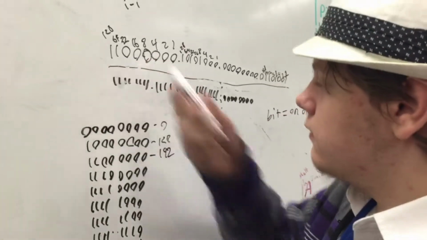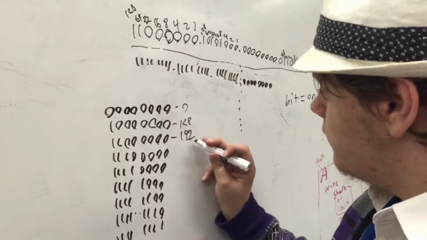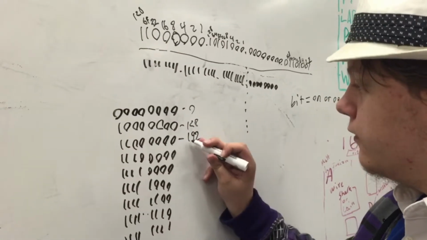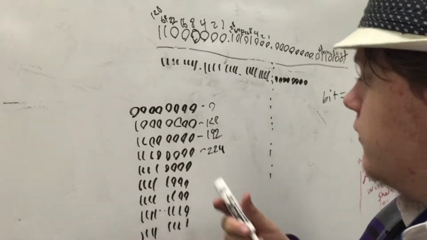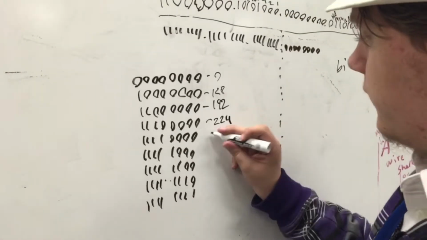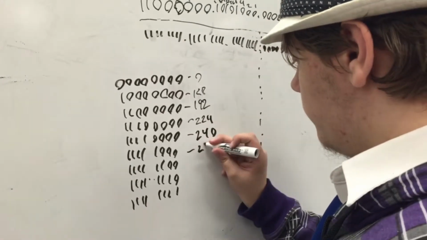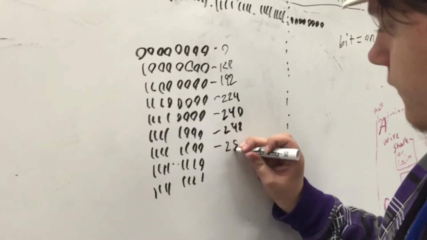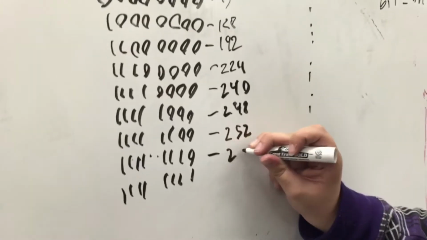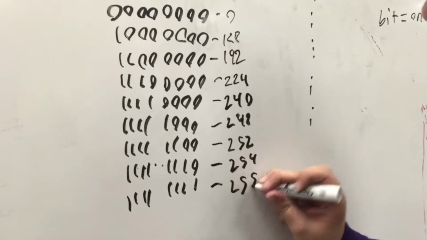Like right here. So here, what's 192 plus 32? 224. What's 224 plus 16? 240. 248. 252. 254. 255.